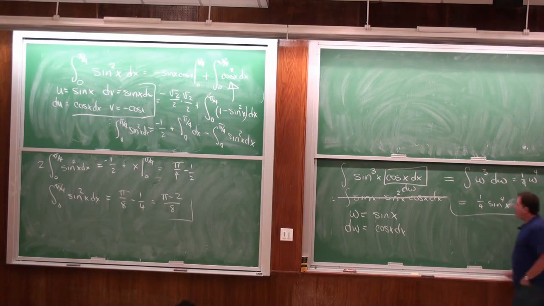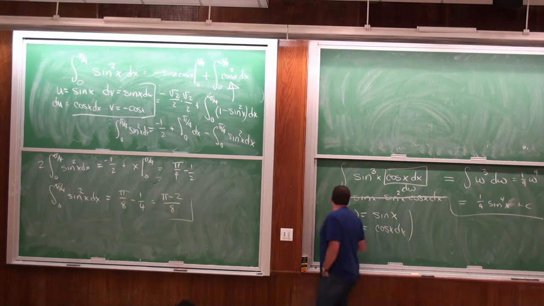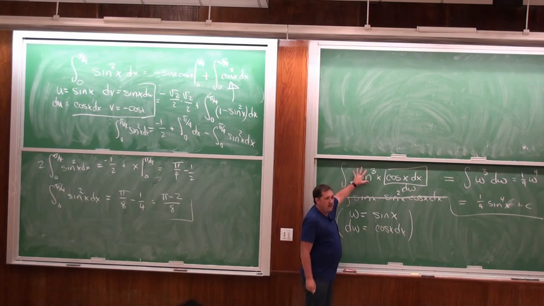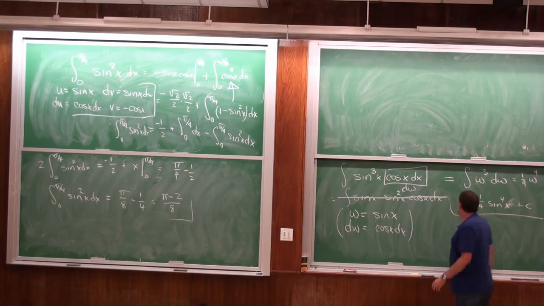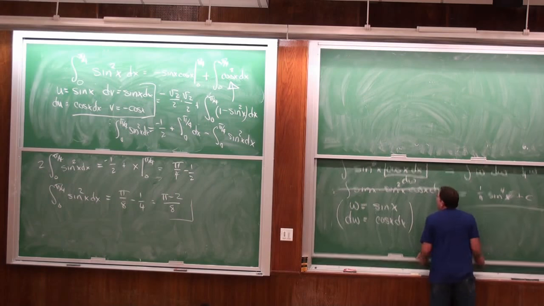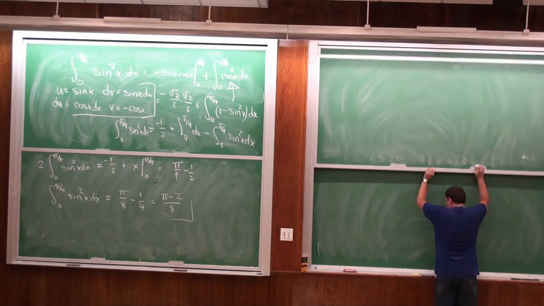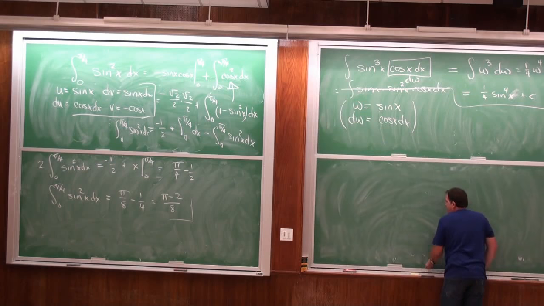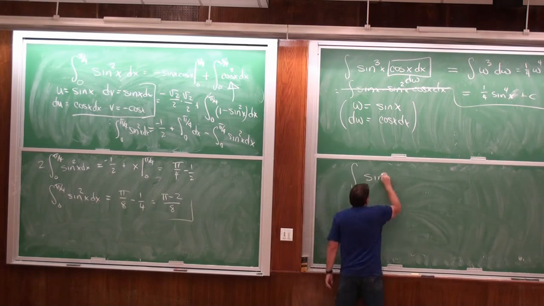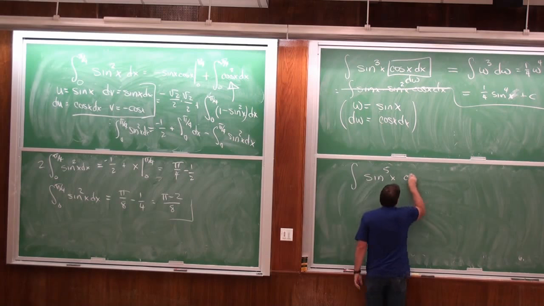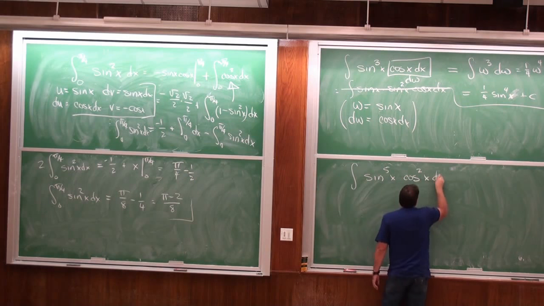All right, so this is actually a general trick. When we see an integral with a pile of sines and one cosine laying around, it's easy. And when we see an integral with a pile of cosines and one sine laying around, it's easy. So if we had an integral like sine to the fifth of x cosine squared of x dx.